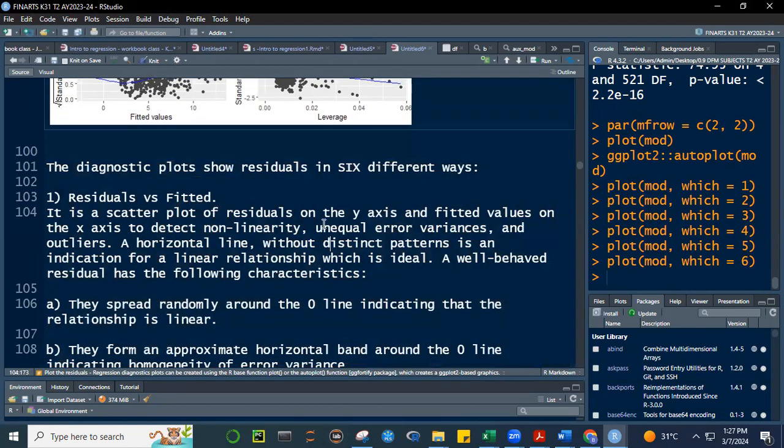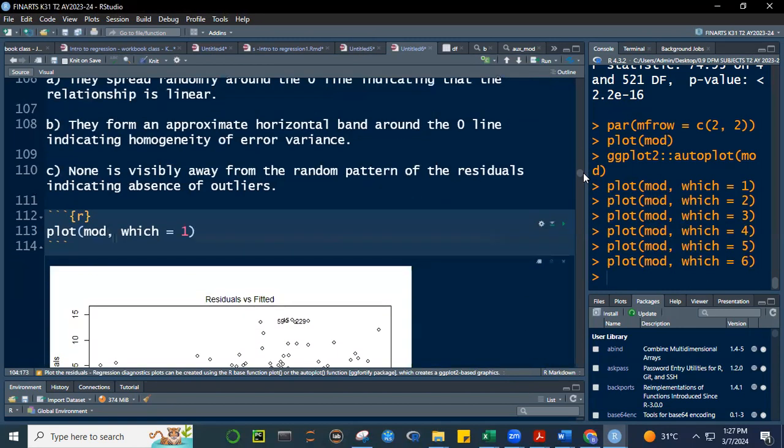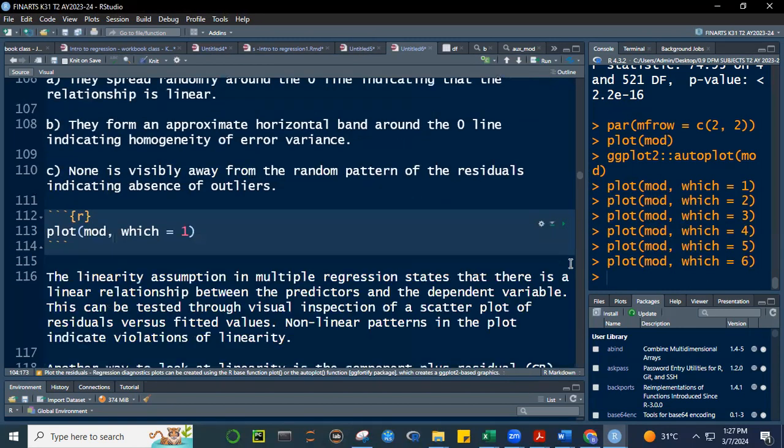The first plot, class, is residuals versus fitted. So what do you find in this plot? You can run this code, class: plot mod with which equal to 1, and run this.